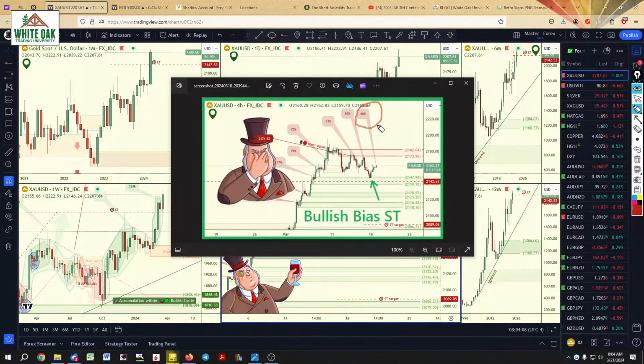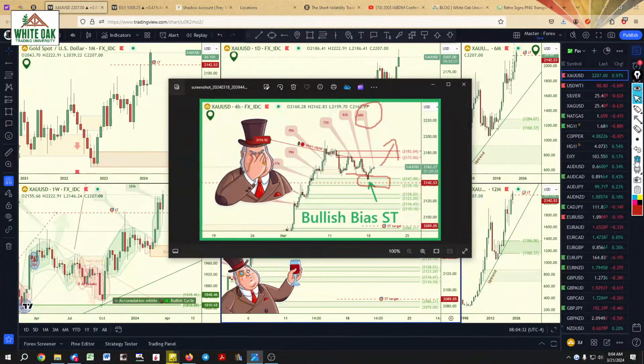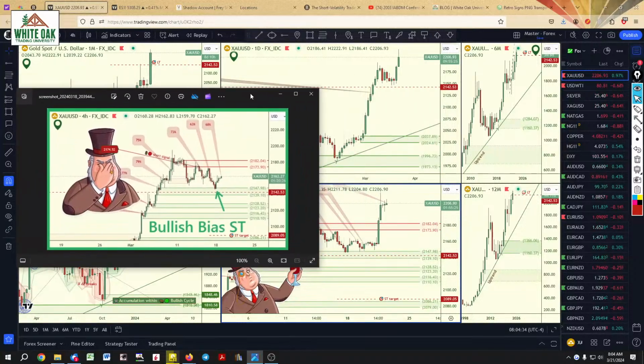About 68% of their overall positions were short. And we had an institutional area of buying in play. So when you have an institutional area of buying in play and retail traders are short, that's a recipe for a short-term bias to the upside. That was the bias, and that's why I posted it on social media.